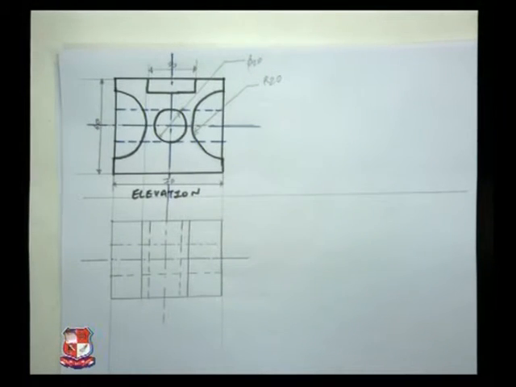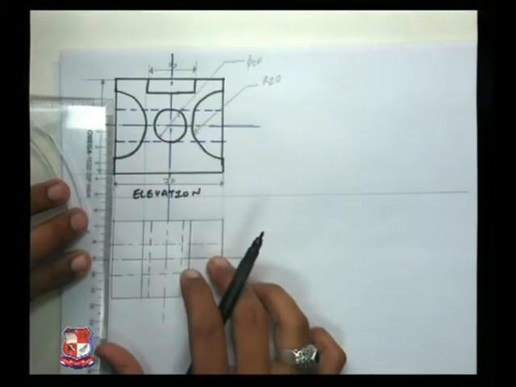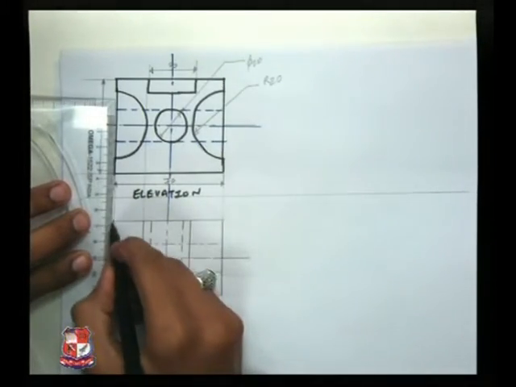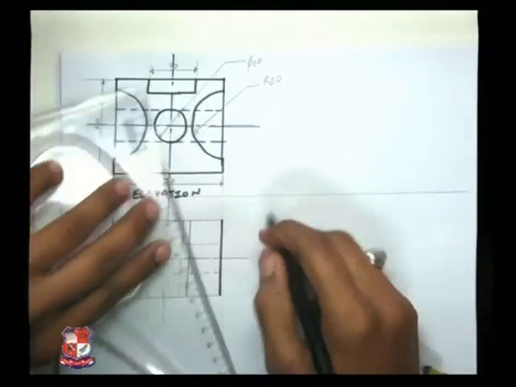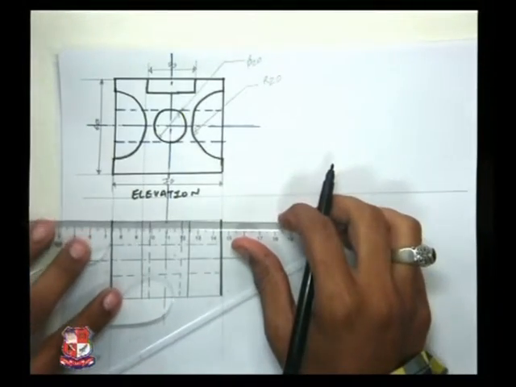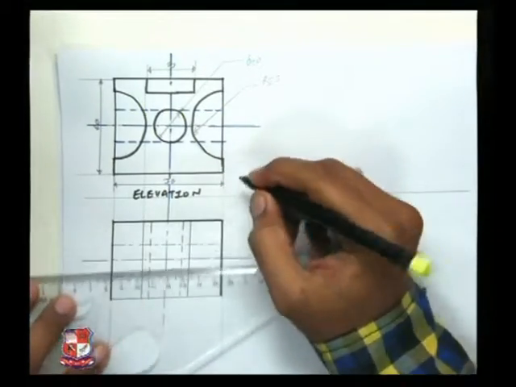So this is our plan. I will highlight it so that you can get a clear picture of it. The outer body will be full; the outer body can be seen easily.